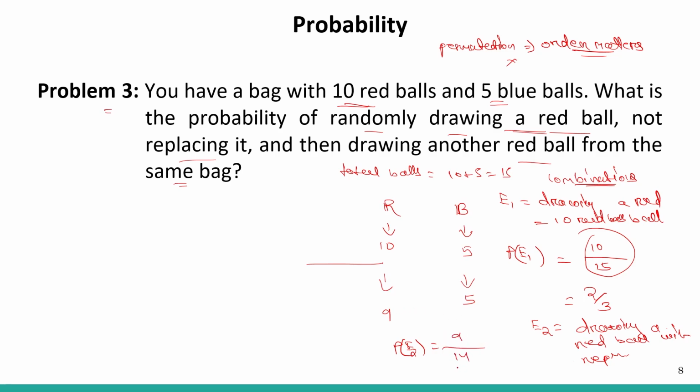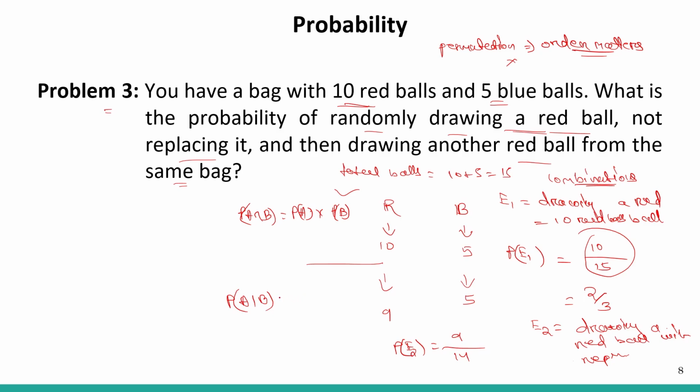Okay, so what is the probability? Since these two scenarios are dependent, we can't use the formula P of A intersection B is equal to P of A into P of B. We can't really use this, but what we can use is P of A given that B has happened, the formula for conditional probability.